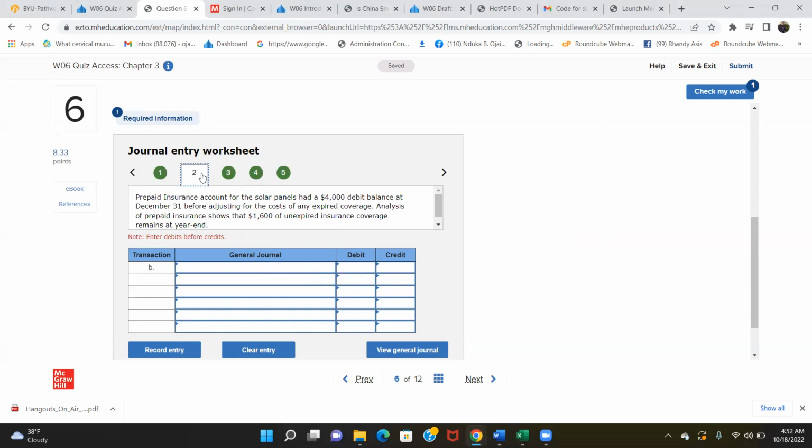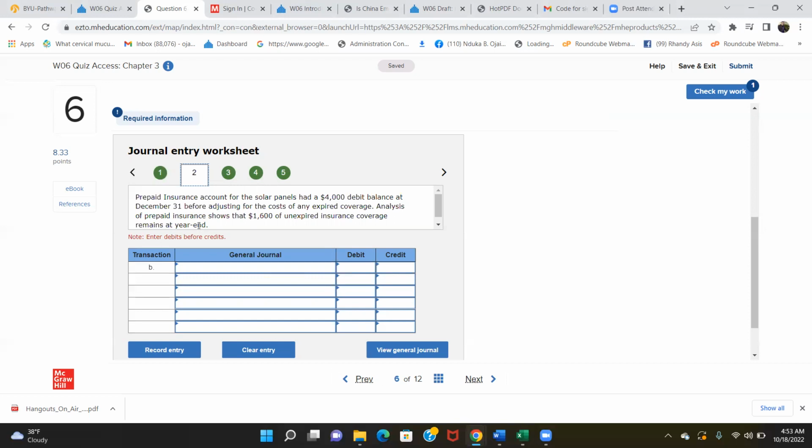is prepaid insurance account for the solar panels had a 4,000 debit balance at December 31st before adjusting for the cost of an expired coverage. Analysis of prepaid insurance shows that $1,600 of unexpected insurance coverage remains at year end.